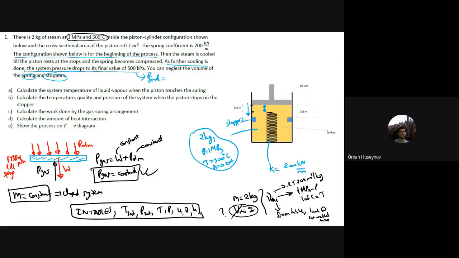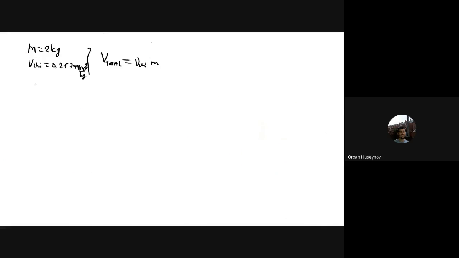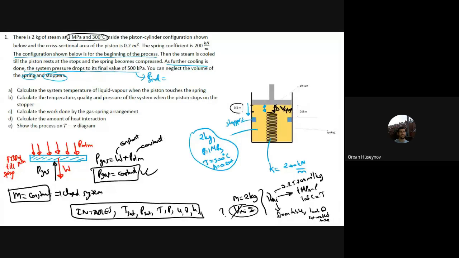This one will be the total volume, but when the piston touches the spring, you will have a decrease in volume, which is the delta V spring. You can calculate this value: the total volume is 3 times 0.25799. And the delta V will be equal to the height, which is 0.5 meters, multiplied by the piston area, which is 0.2 meters squared.